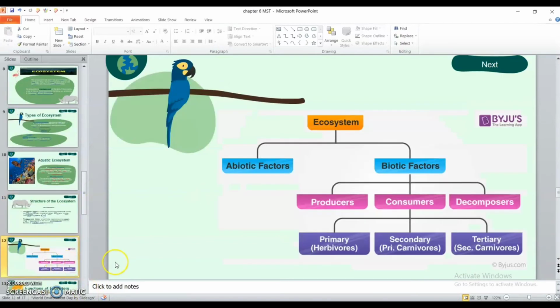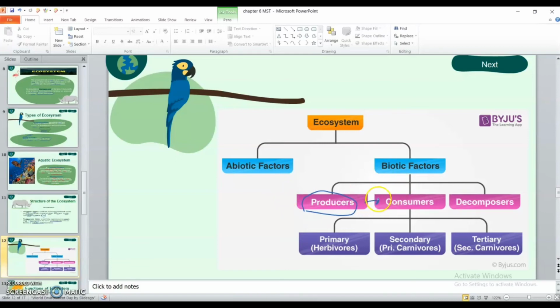Next is the structure of ecosystem highlighting the biotic and abiotic factors. So the ecosystem has abiotic factors and biotic factors. Under the biotic factor, first is the producer. That includes the autotrophs, such as plants.